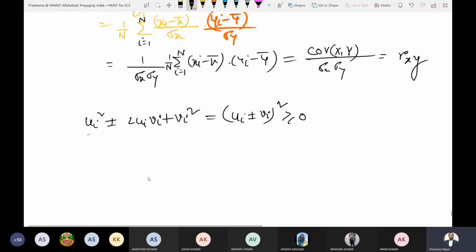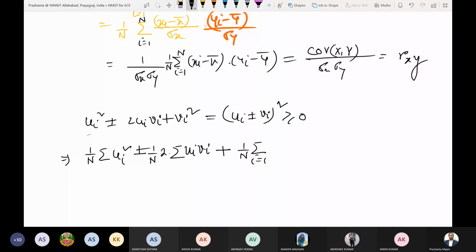So you will be getting this expression: 1 by n summation u_i square minus 1 by n 2 into summation u_i v_i plus 1 by n summation i equals 1 to capital N v_i square. That will again be greater than or equal to 0. Each term is greater than or equal to 0, so if you add them, that is going to be greater than or equal to 0.